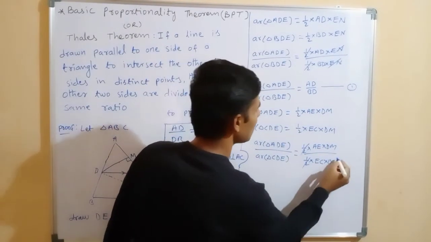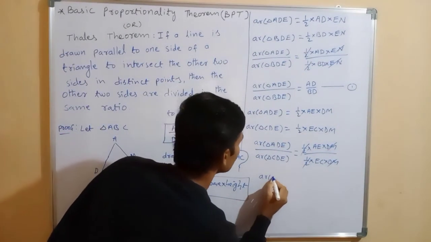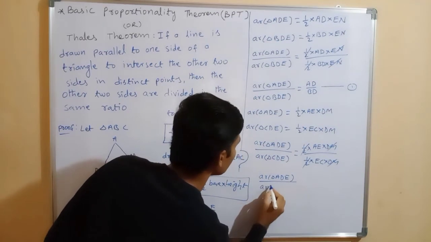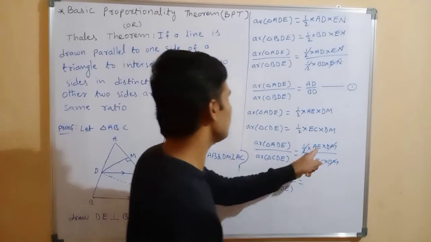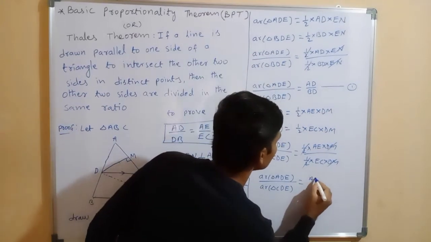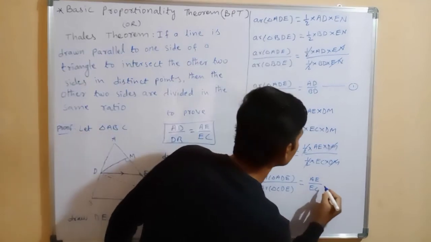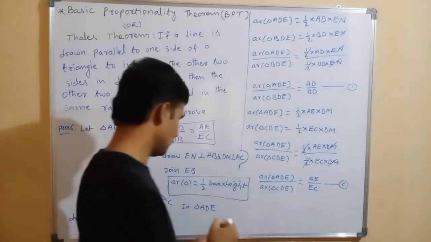Half cancels, DM cancels. So the area of triangle ADE divided by the area of triangle CDE equals AE by EC. Take this as equation number 2.